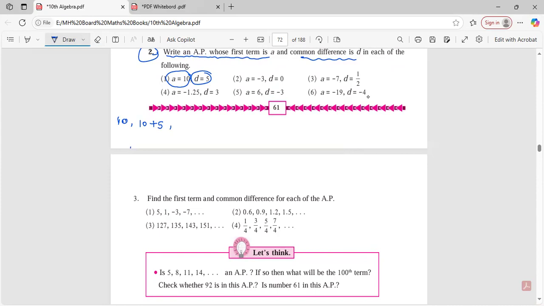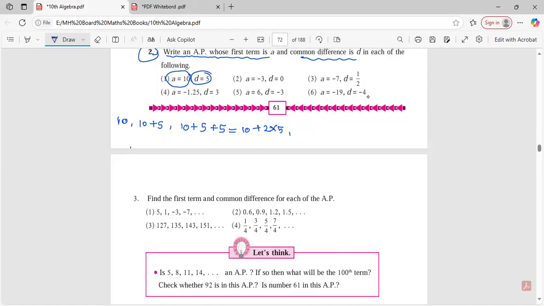Then next to this, it will be 10 plus 5, the second term, and plus 5 the difference, that means you can write 10 plus 2 into 5.